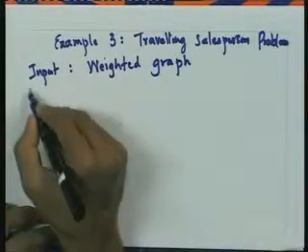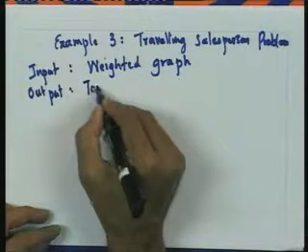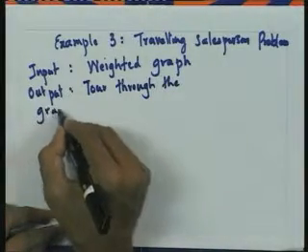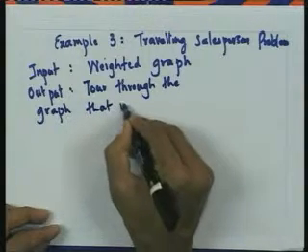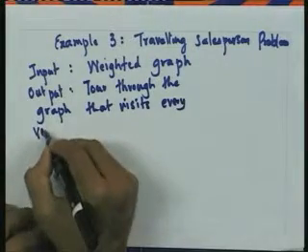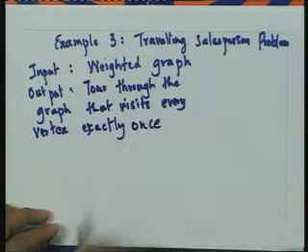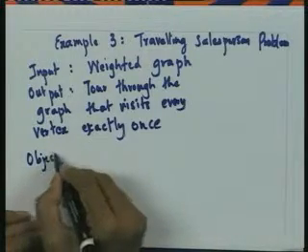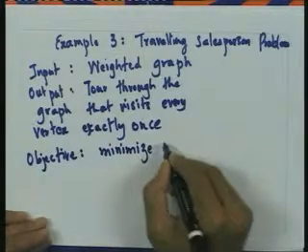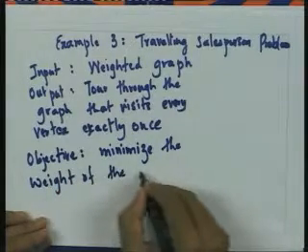And the output is a tour through the graph that visits every vertex exactly once, and the objective is that we want to minimize the weight of the edges in the tour.